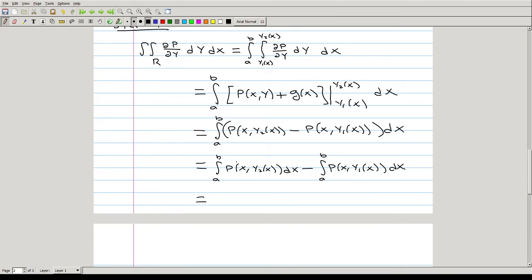If we reverse the order of integration here, you notice that this is equal to negative the integral from b to a of p of x comma y2 of x dx, with the negative sign coming because we reverse the order of integration. Plus the integral from a to b of p of x comma y1 of x dx.